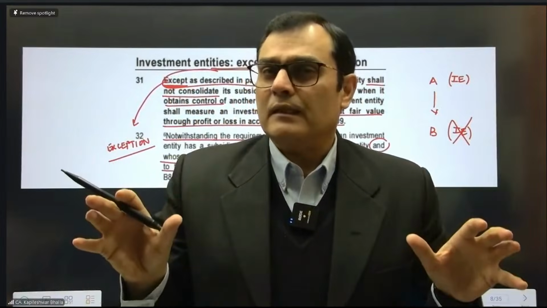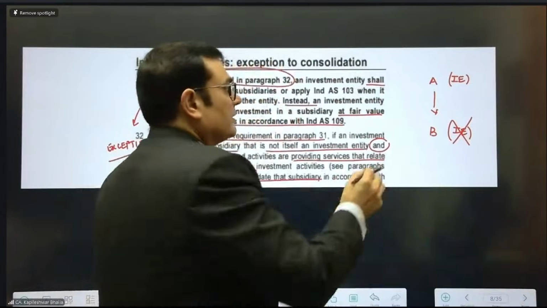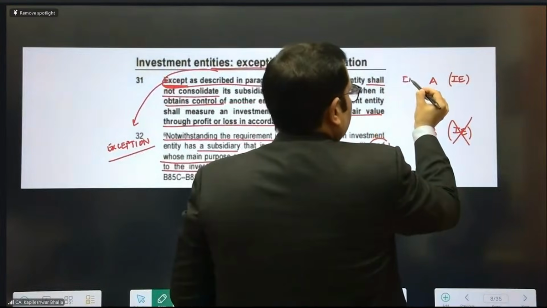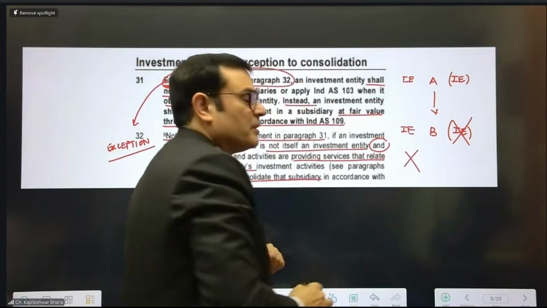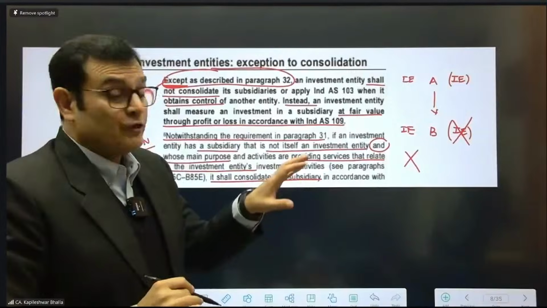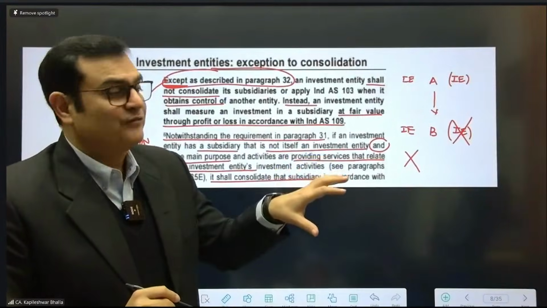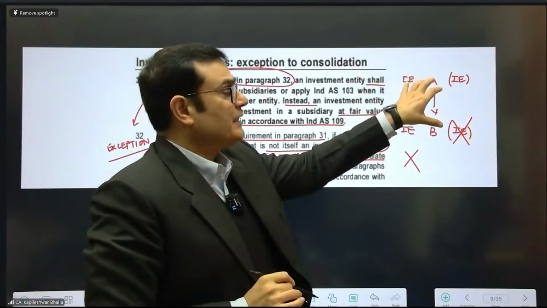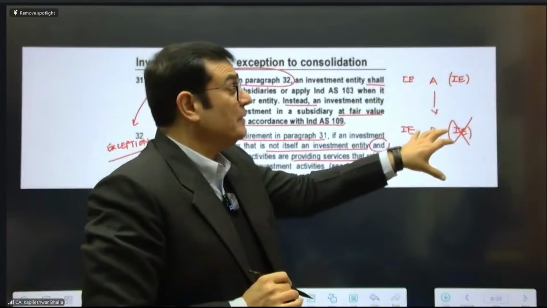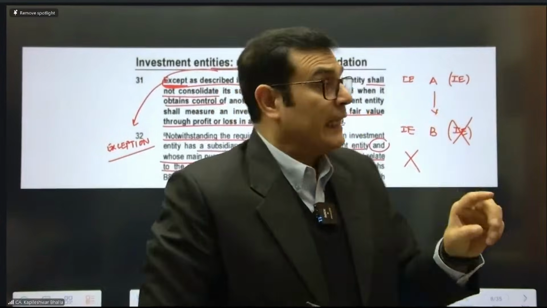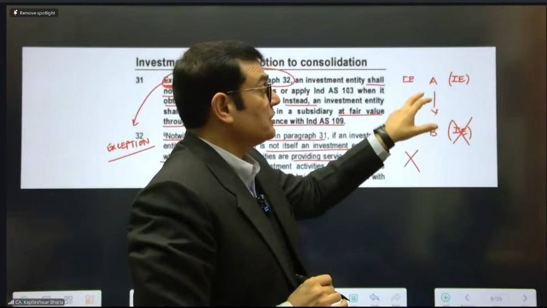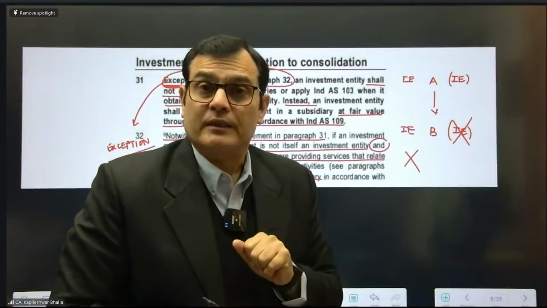A couple of other things come to mind as well. This is an investment entity, this is an investment entity, no consolidation. If you look at the corollary, A is an investment entity, B is not an investment entity, condition 1, and B is doing something similar to A, then you consolidate.